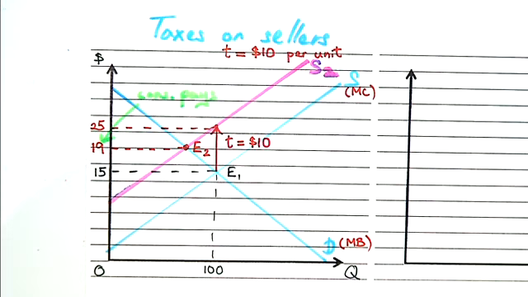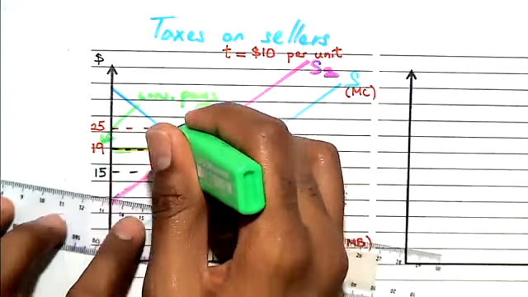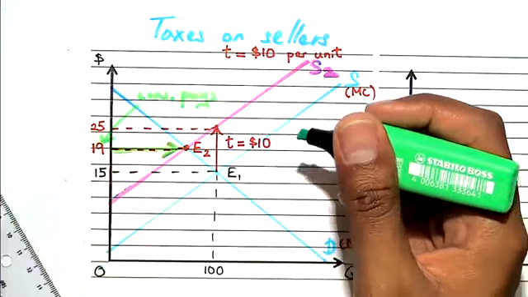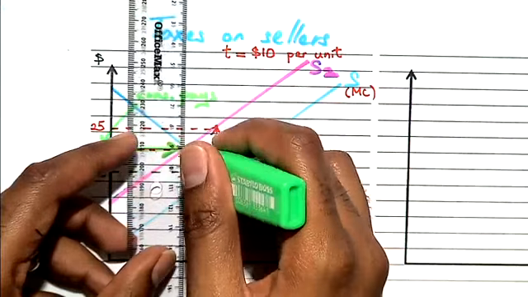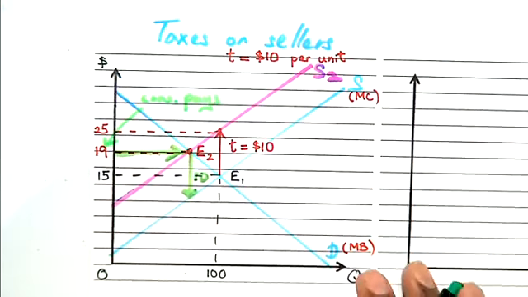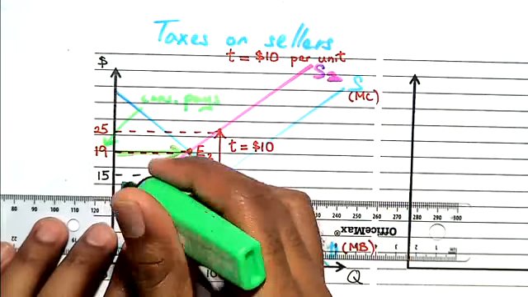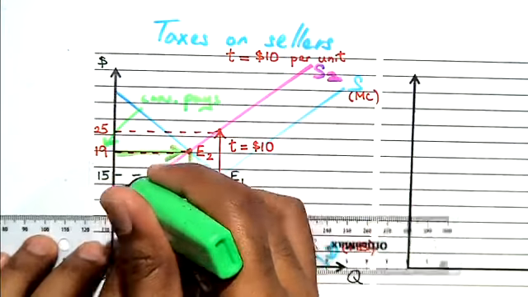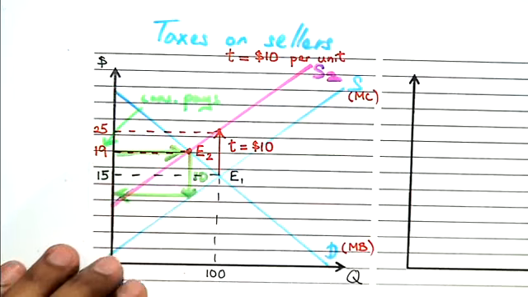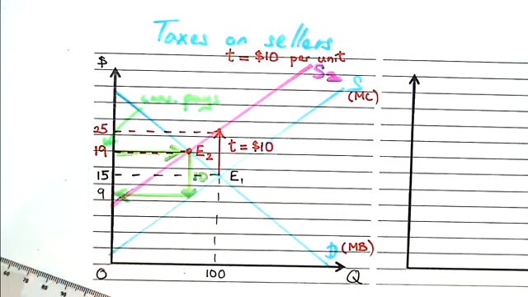So once the consumer pays 19, the producer has to give $10 to the government. So the producer will now surrender $10 to the government, and now the producer is left with how many dollars? 9. So now the producer just receives $9.